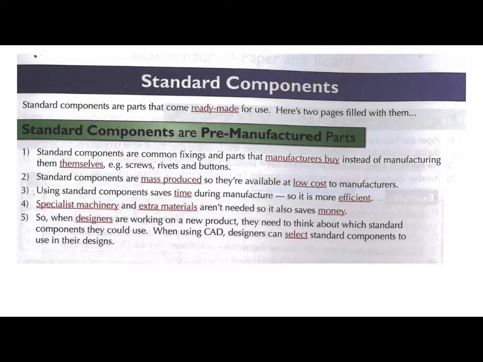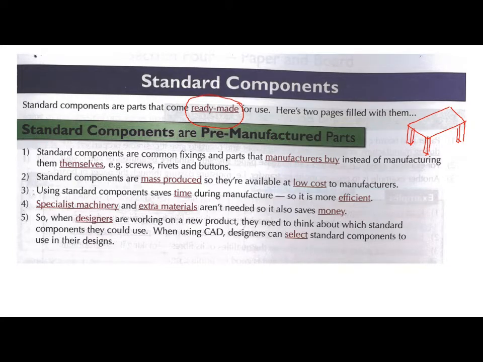So let's get started. Standard components, the first thing that you need to know about them is that they are basically parts that come ready-made for whatever they are going to do. So for example, if you were a manufacturer and you were making a lovely table, obviously you would make the legs, you would make the top bit, but to join everything together, you may buy in knockdown fittings, screws, nuts and bolts.